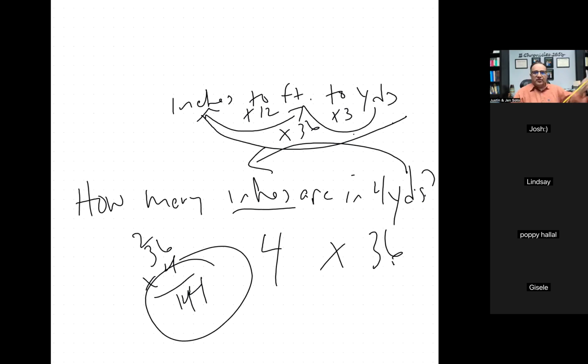Well, let's see. I got my tape measure here. Am I doing the right way? Okay. And by the way, there's a couple different things you could do.